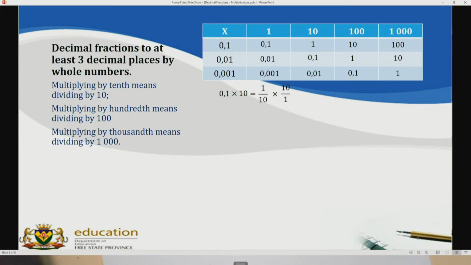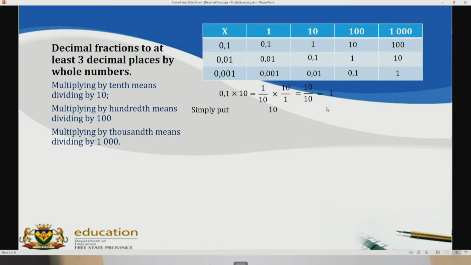And this 10, we'll put it as 10 divided by 1, so that we multiply the numerator by numerator and denominator by denominator. So it is going to be equal to 10 tenths. Now what does 10 tenths mean? It means we are having 1.